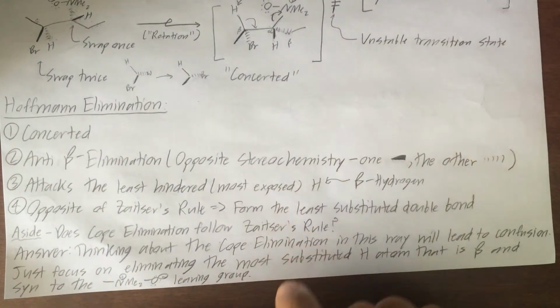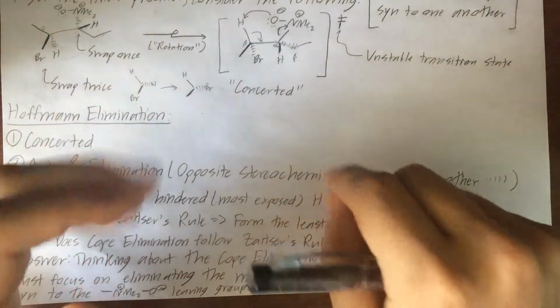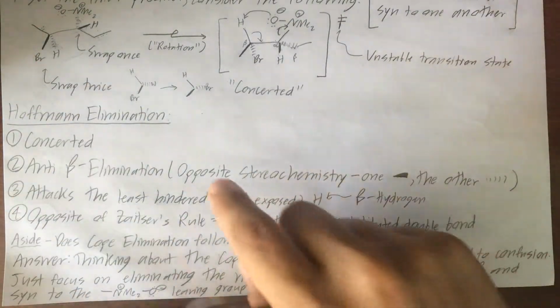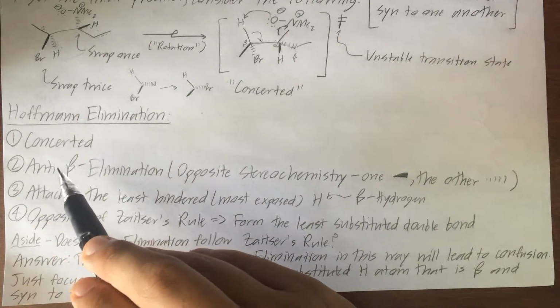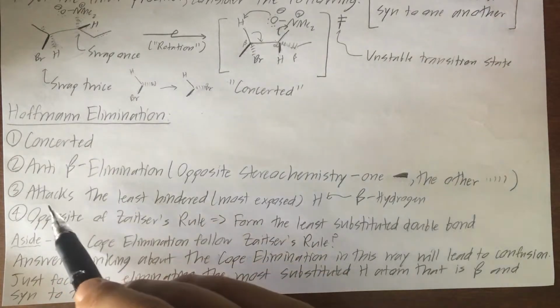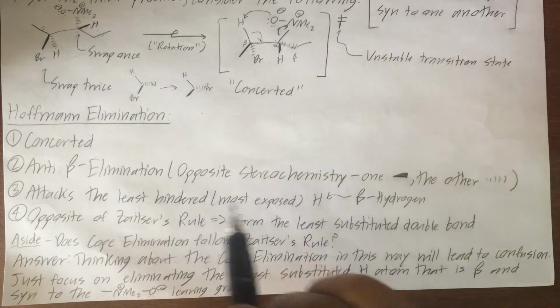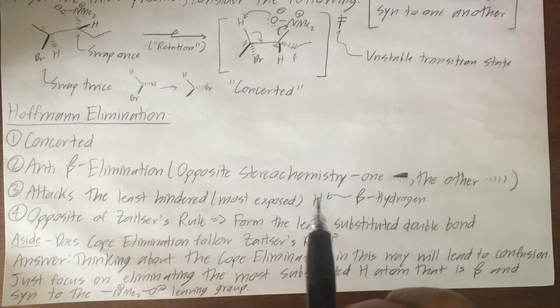Now, just another brief aside. You might be asking, well, hey, does the Cope elimination reaction follow Zaitsev's rule? Because over here we had anti, and for the Cope elimination we had syn-beta elimination. For the Hofmann elimination, we have the elimination of the least hindered hydrogen atom, and for Cope elimination we have the elimination of the most hindered hydrogen atom.